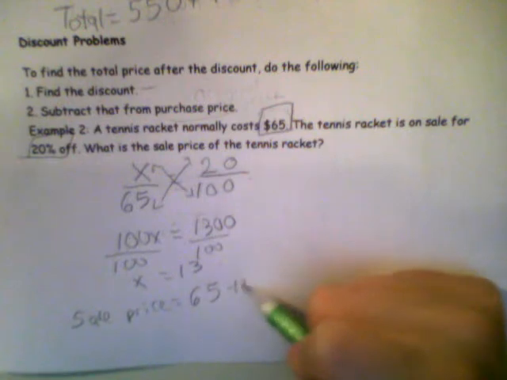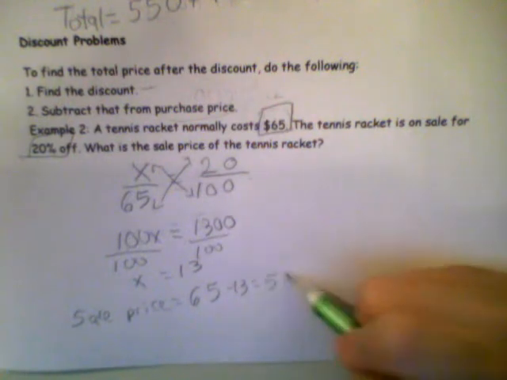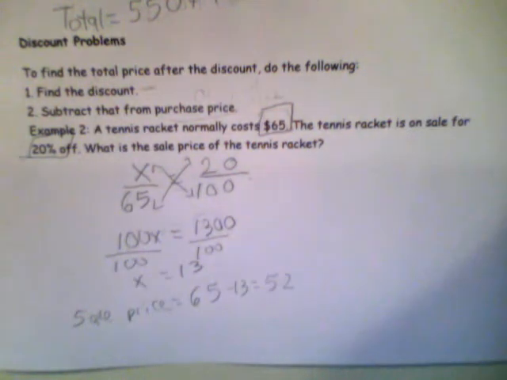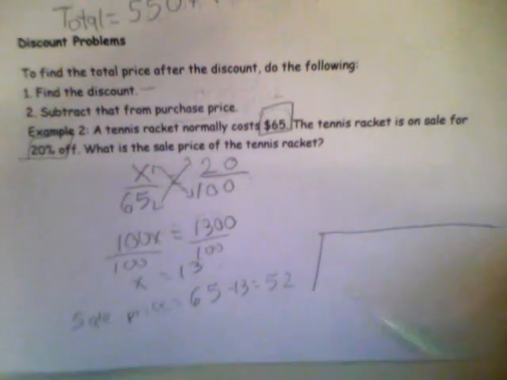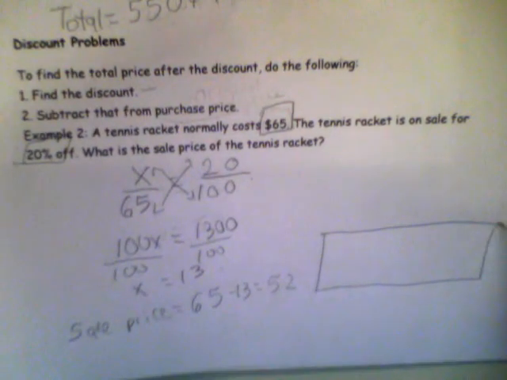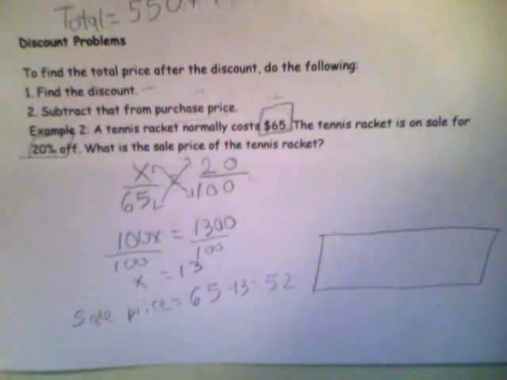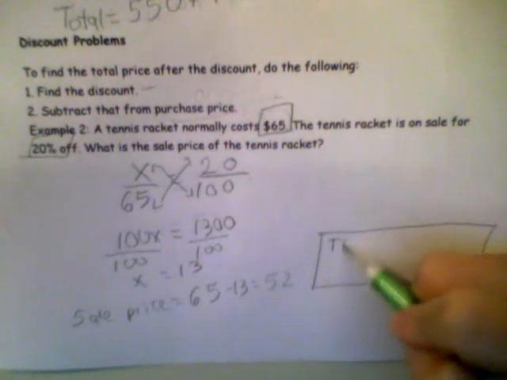When I subtract that, I should get $52. Now, I can't leave it like that. I have to write my final answer as a sentence. So my final answer is going to be the sale price is $52.